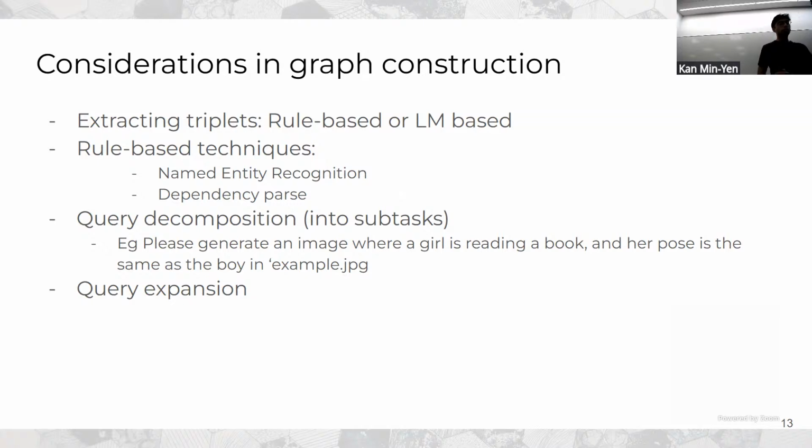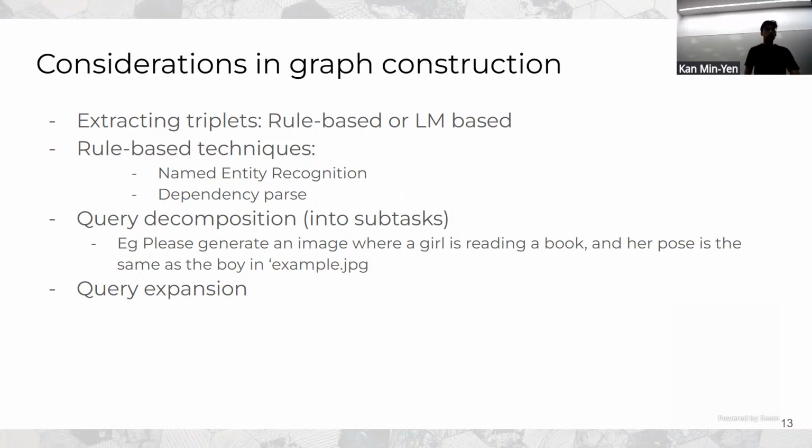A lot of techniques, especially the Microsoft GraphRAG and the LightRAG methods, use a large language model to generate the triplets. That's probably the easiest, but arguably it is kind of expensive, because if you're relying on a large language model to generate your triplets, it has to go through the whole process of attention, tokens, and all of that.